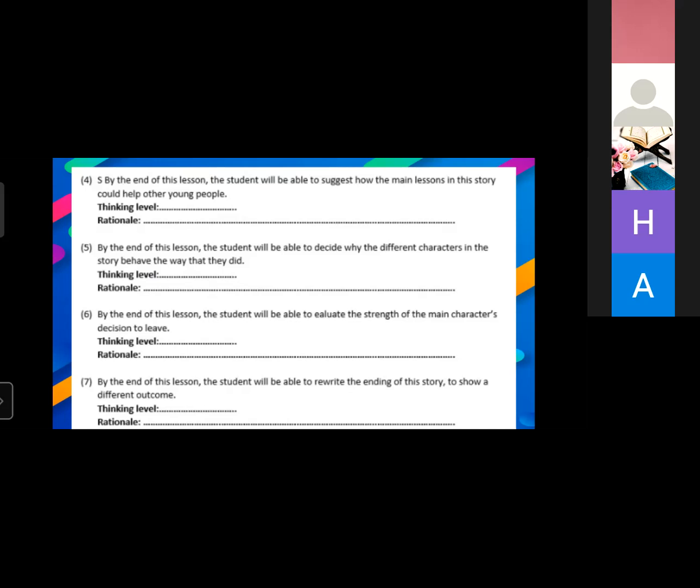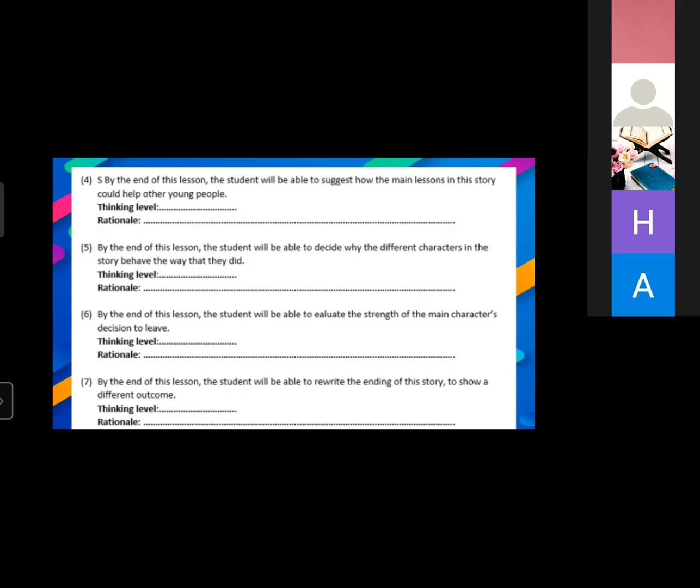Not only do they just suggest and stop here, but we have to complete the objective, because they could help other young people. So they turn it into action. Could be applying as well, Miss. Yeah, and of course it could be applying. So here it could be applying and creating when they help other young people.